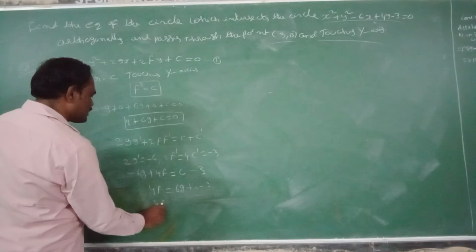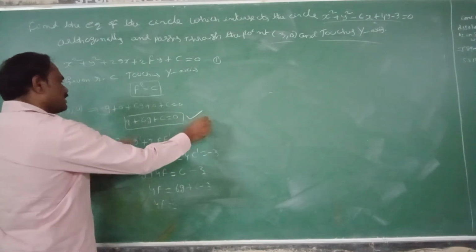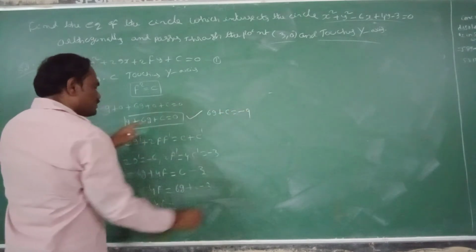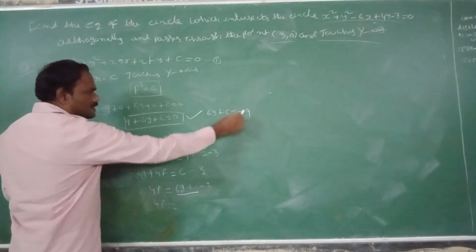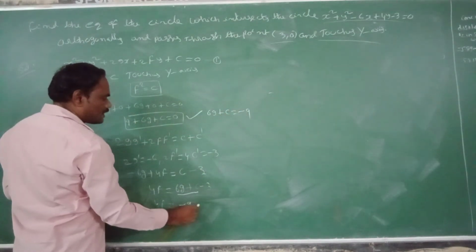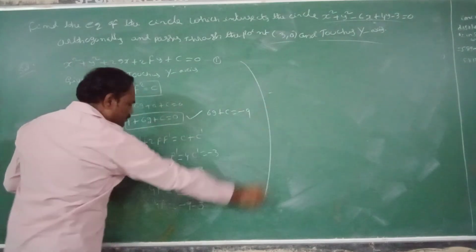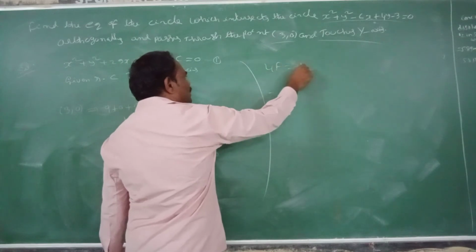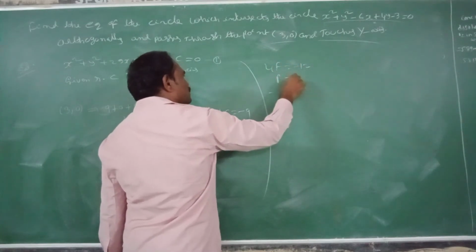From the earlier equation, 6g plus c is equal to minus 9. So 4f is equal to minus 9 minus 3, 4f is equal to minus 12, f is equal to minus 3.